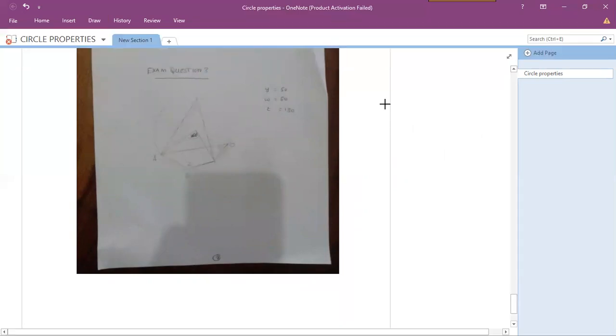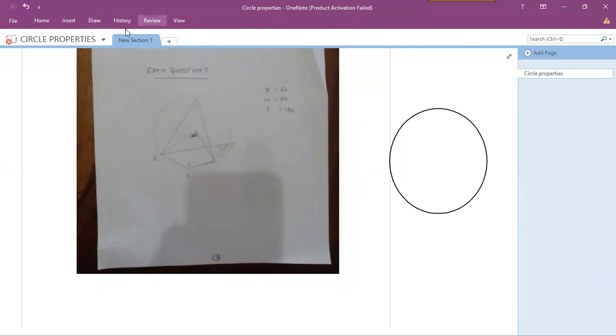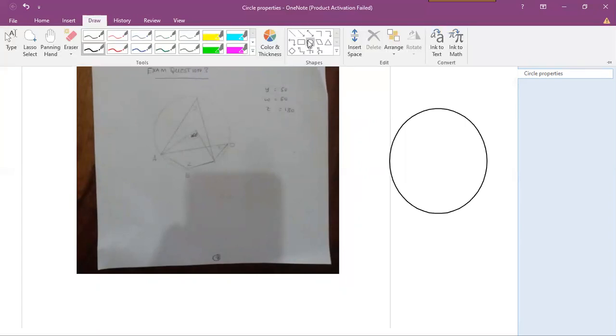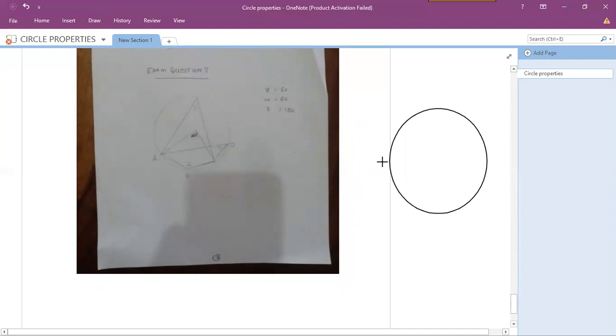Hopefully I'll be able to draw it. Looks fancy, but this looks like a cyclic quadrilateral. 1, 2, 3, 4, all the vertices are on the circumference. So let's first start by drawing this cyclic quadrilateral.